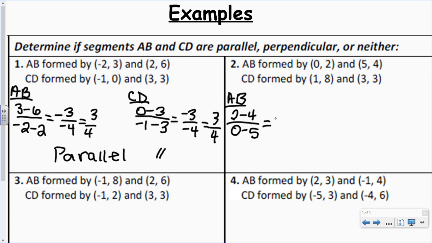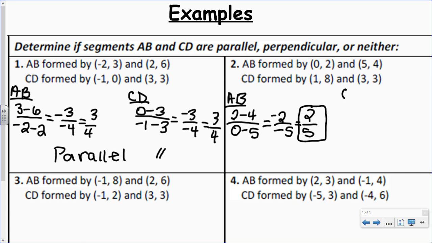So let's simplify. 2 minus 4 is negative 2, divided by 0 minus 5, which is negative 5. So let's simplify that. We get 2/5. All right, so the slope of AB is 2/5.